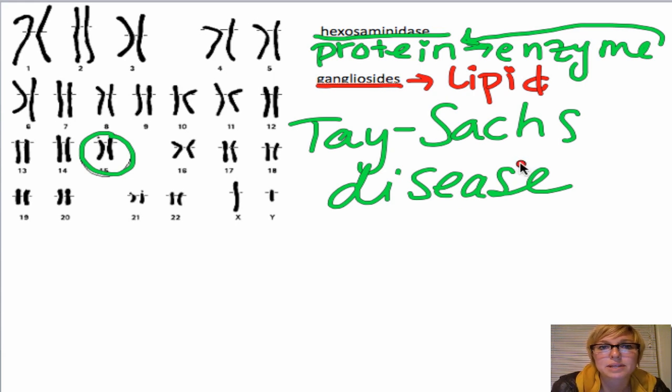So when somebody is born with Tay-Sachs disease, you don't really see symptoms for the first few years until that accumulation starts to occur, and then they show signs of nervous system stress, like they're unable to hear or talk or swallow, and eventually they're unable to move their limbs, and eventually they don't live.